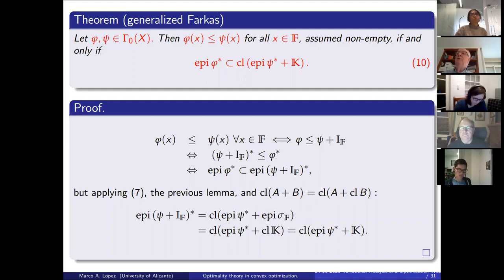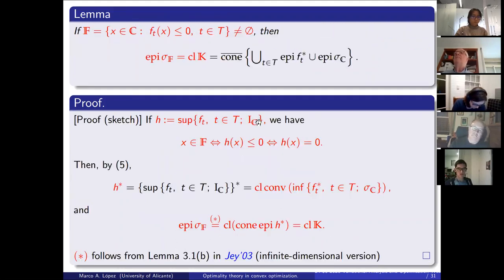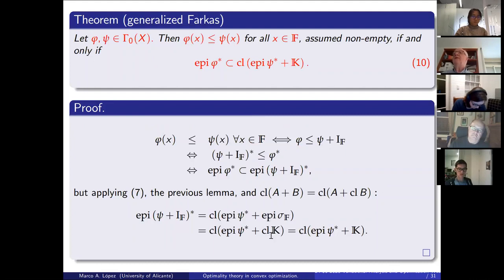But I proved in the previous lemma that this epigraph coincides with the closure of the characteristic cone. So I replace this by this, and it's obvious, and this property is very easy to prove for any student in a first course of topology, so I can forget this closure here, it's redundant, and I get this result. This is a kind of generalized Farkas, and you will see, we established in one recent paper other types of generalized Farkas using the same machinery, but it's the one that I'm using today.